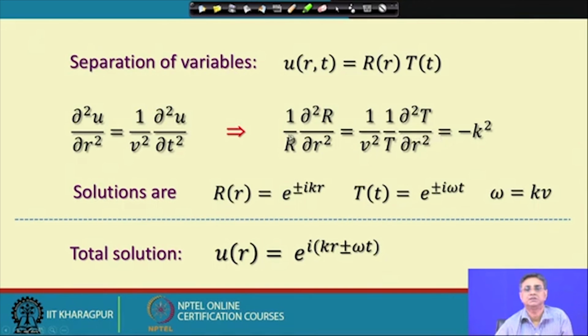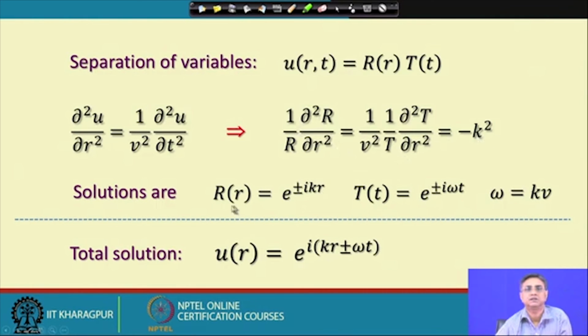Now, each term is independent and they must be constant. So, using the same approach, we can write each of them is equal to minus k square. So, the solutions are now this equal to minus k square.